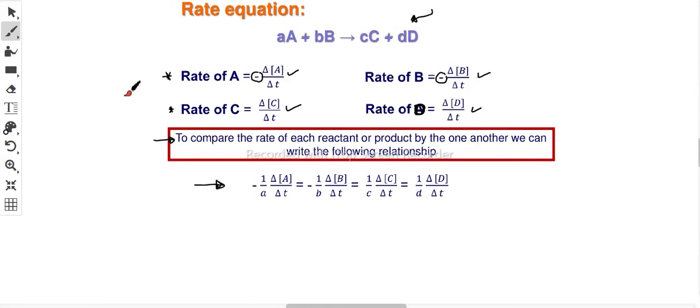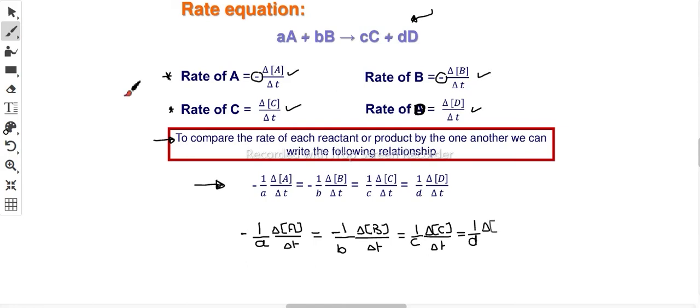What can we see? We're going to take the coefficient, so 1 over the coefficient of A, delta concentration of A over delta T, with a negative, equals negative 1 over the coefficient of B, change in concentration of B over delta T, and 1 over the coefficient of C, the change in C over delta T, and finally 1 over the coefficient of D, change in concentration of D over delta T. If you look at this relationship between one rate of chemical reaction and another, this is called the rate equation.